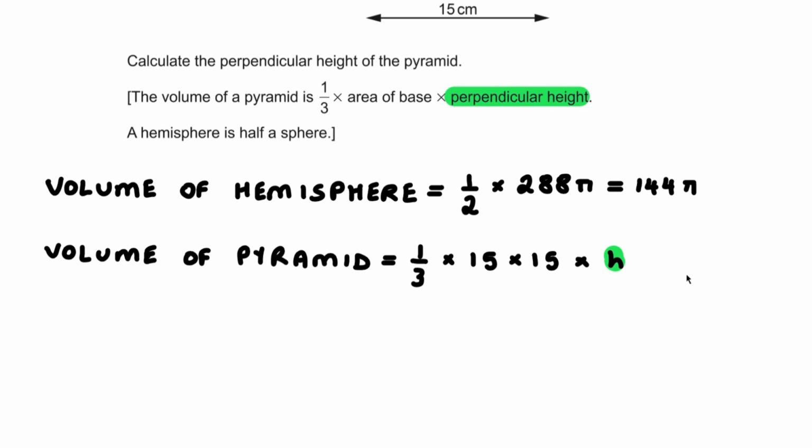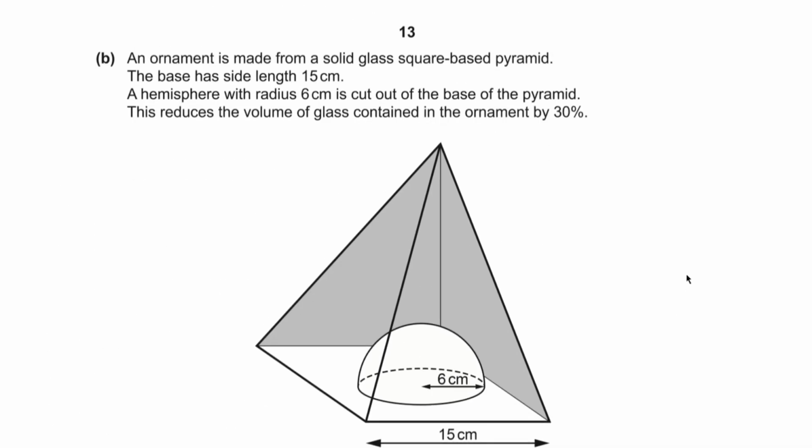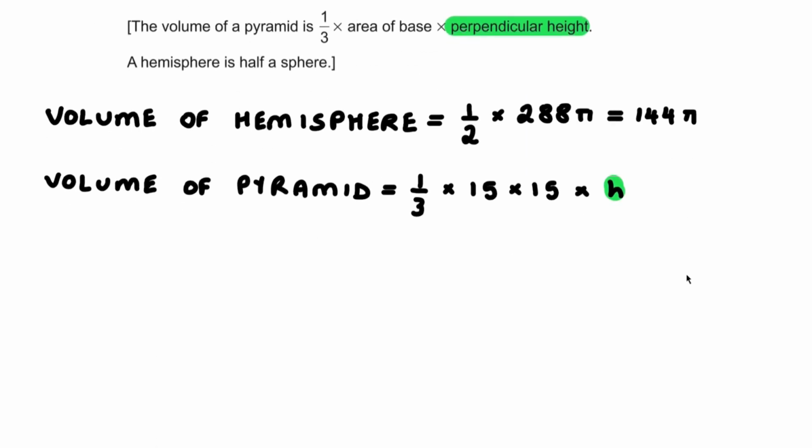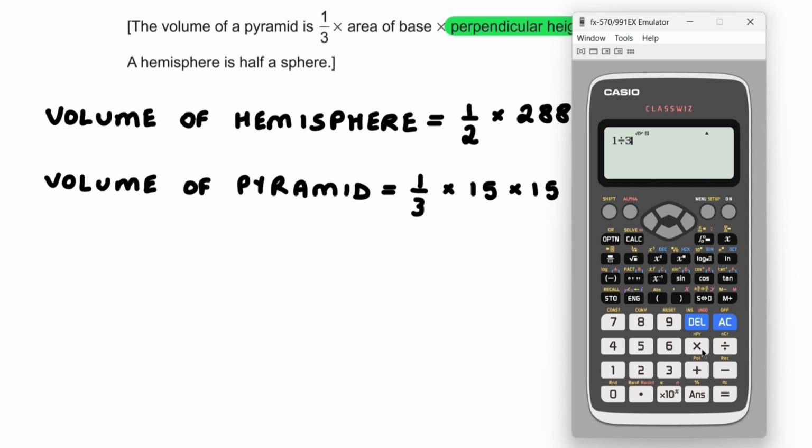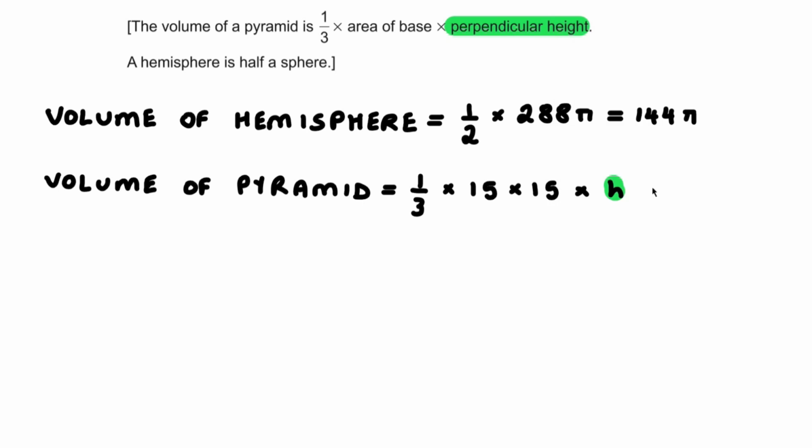And the volume of this, well, I've got a third times 15 times 15, which is 75. So here I end up with 75h.